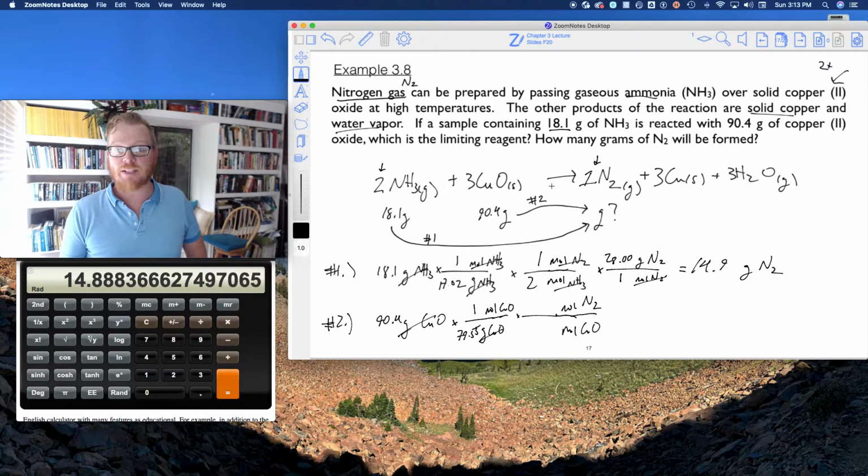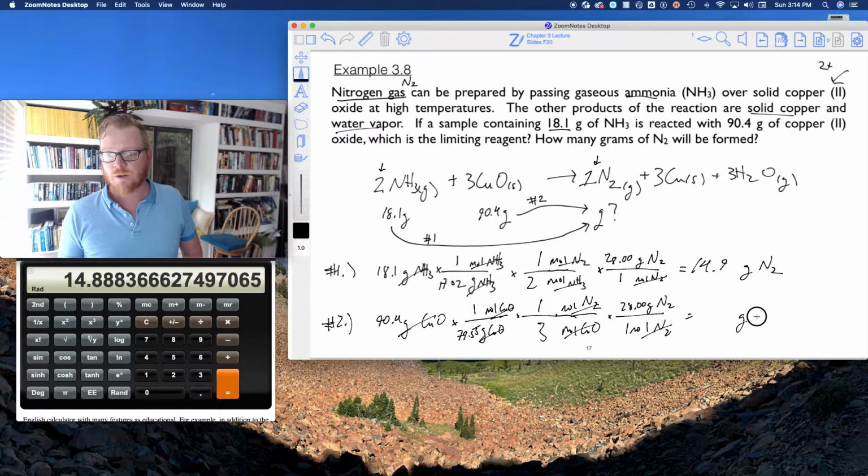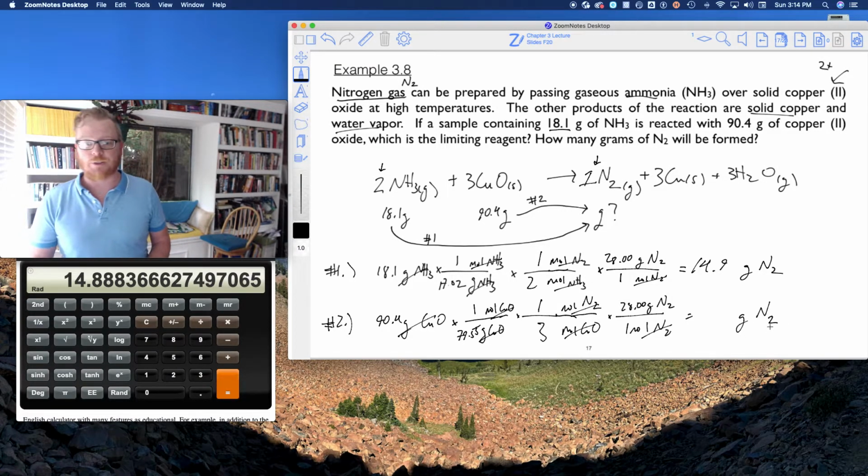And my balanced recipe says 3 moles of copper 2 oxide are needed to make 1 mole of nitrogen gas. And then finally I can copy the line identically by saying I know 1 mole of nitrogen is 28.00 grams of nitrogen, and then all of my units are going to cancel, and similarly I'm left with grams of N2.